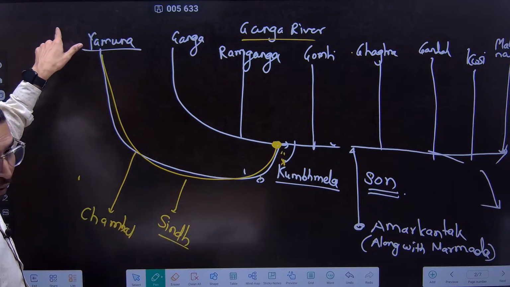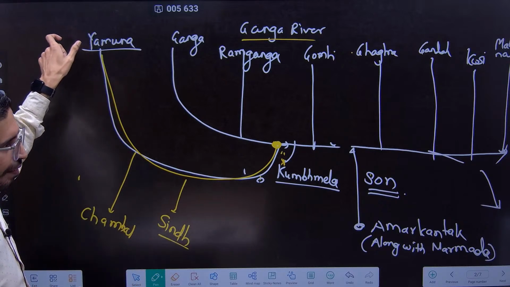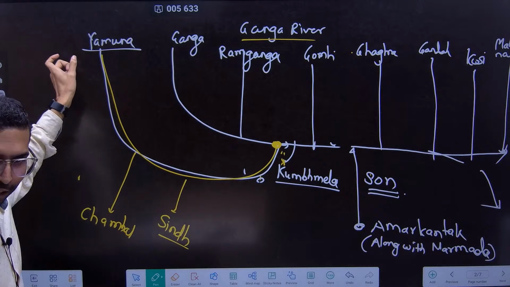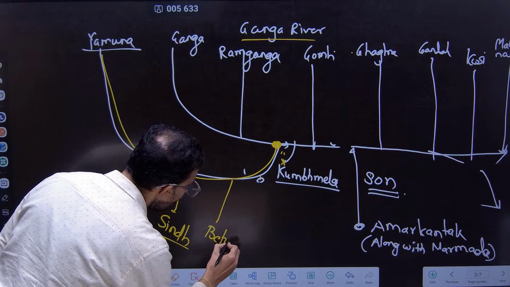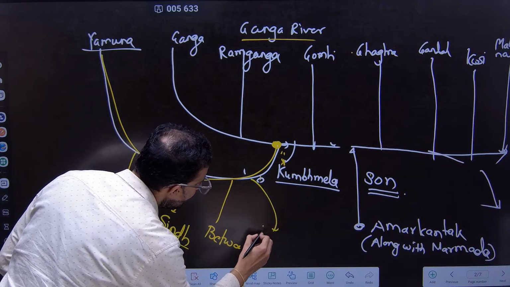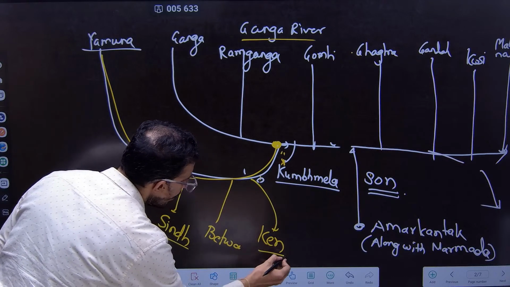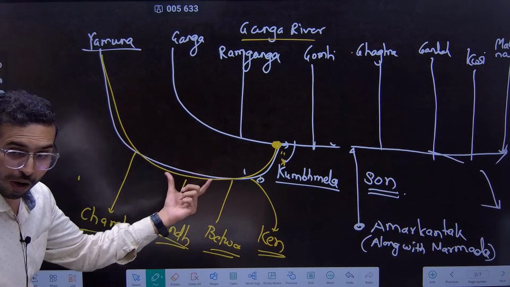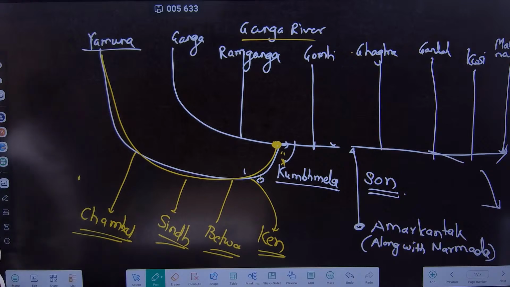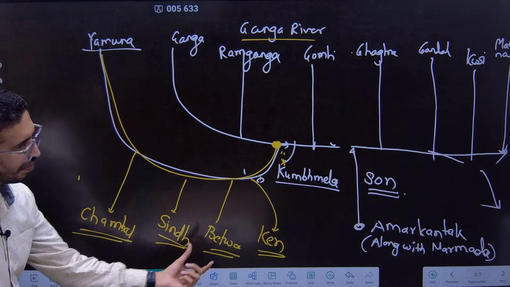Sindhu is the Indus river. This is the Sindh. Then this is the Betwa and this is the Ken. These are the important tributaries of the Yamuna river: Chambal, Sindh, Betwa and Ken.